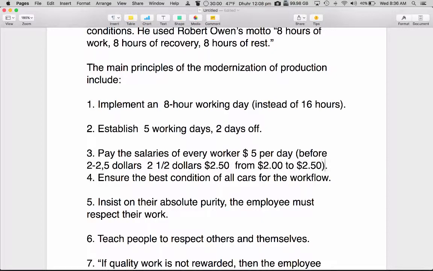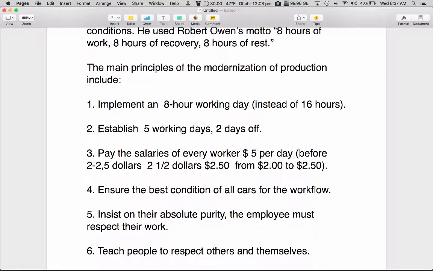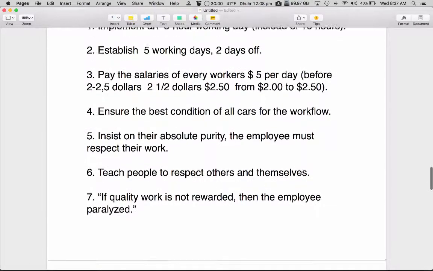I'm really not sure what you wanted to say, so pay the salaries of workers $5 a day. And then you could say before it was $2.50 a day, or before it was from $2 to $2.50 a day. I'm not sure. Please choose an option.